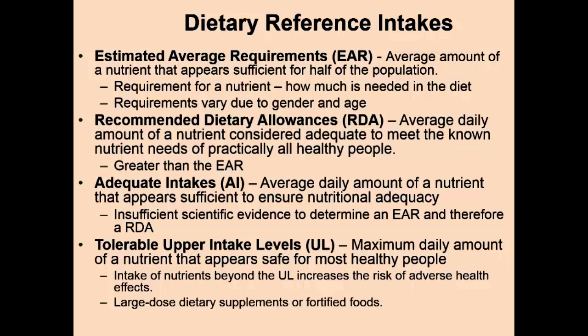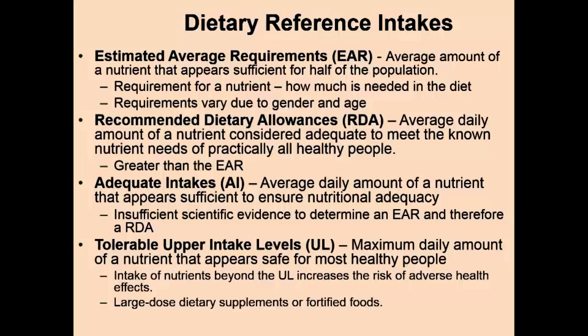Adequate intakes are the average daily amount of a nutrient that appears sufficient to ensure nutritional adequacy. There are AI levels designated for certain nutrients, particularly the vitamins and minerals, because there is insufficient scientific evidence to determine an EAR and therefore an RDA.